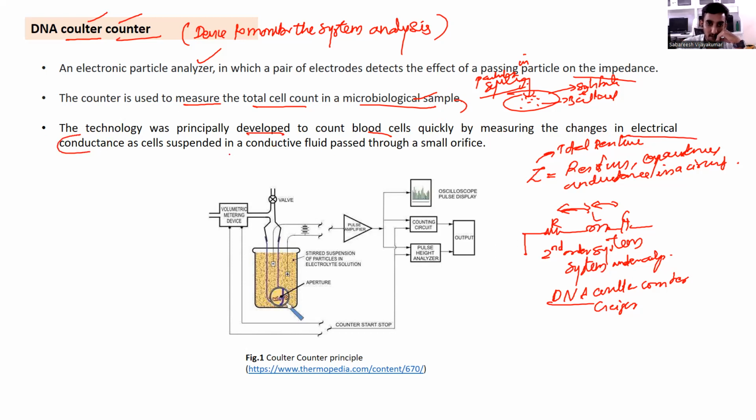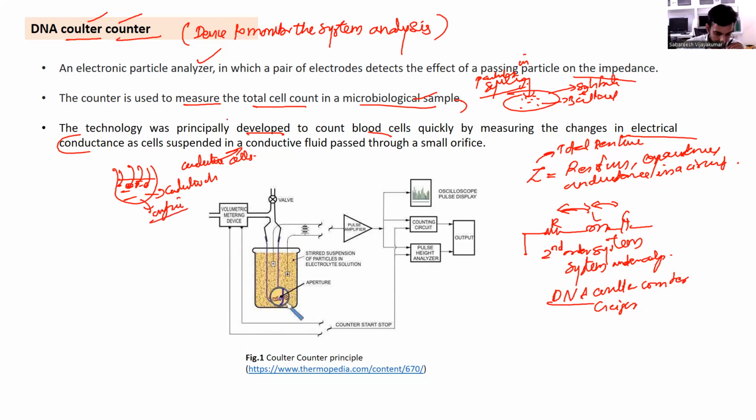These cells will be suspended in a conductive fluid. Suppose we have different types of cells, maybe bacterial cells or another kind of cells. We are going to suspend all these particles in a particular conductive solution, and then the conductive fluid will be allowed to pass through a small orifice.